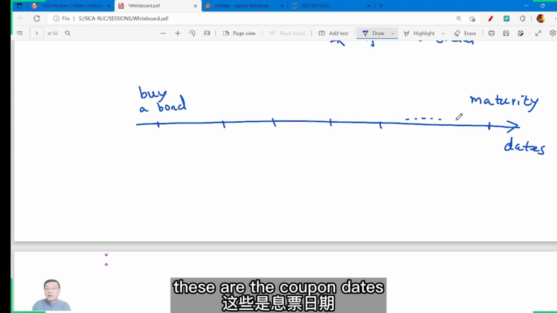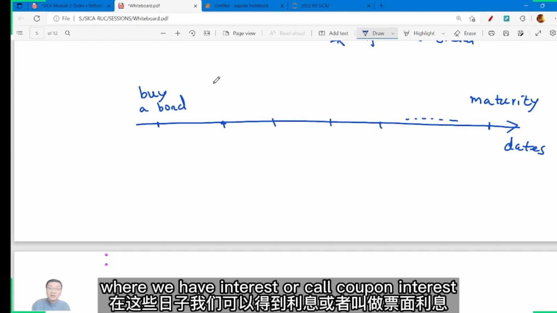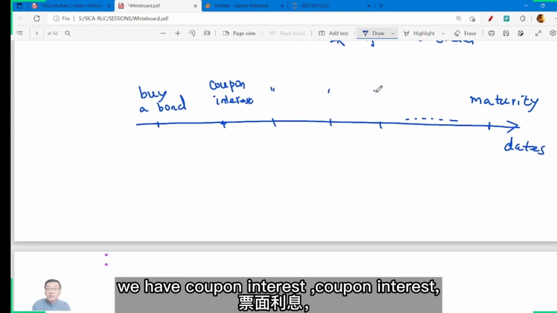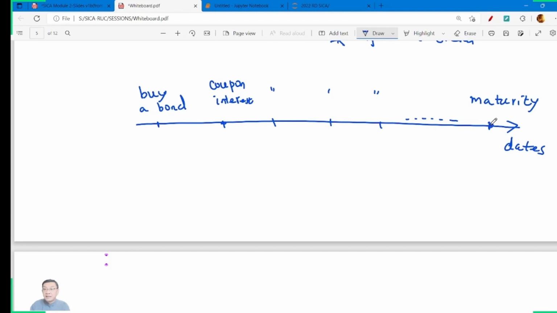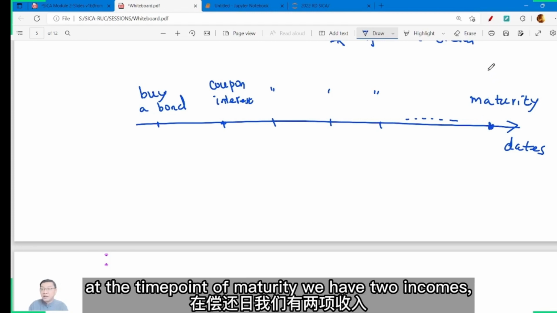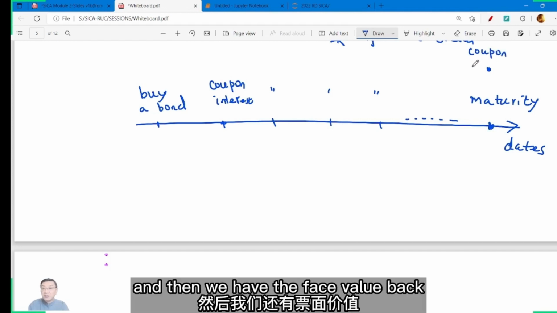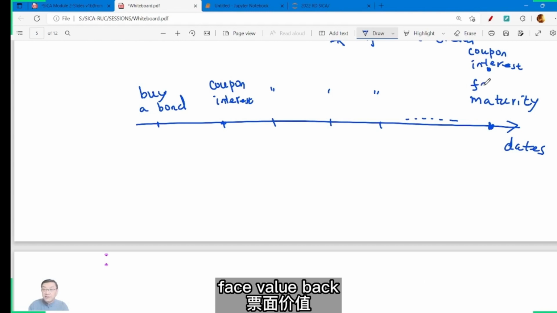These are the coupon dates where we have interest, called coupon interest. At the time point of maturity, we have two incomes. First is the coupon interest, and then we have the face value back.